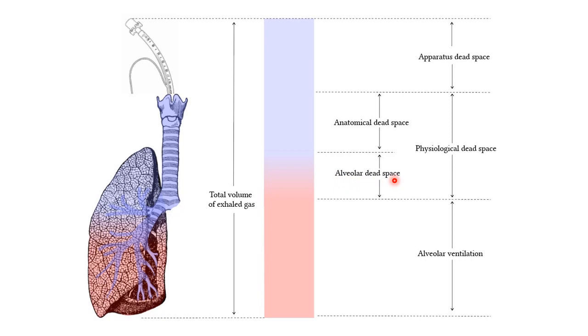So that means not all the alveoli participate in gas exchange. That's your alveolar dead space. Combine the two and you have the physiologic dead space. All of the alveoli that participate in gas exchange contribute to alveolar ventilation, which is demarcated here as pink.